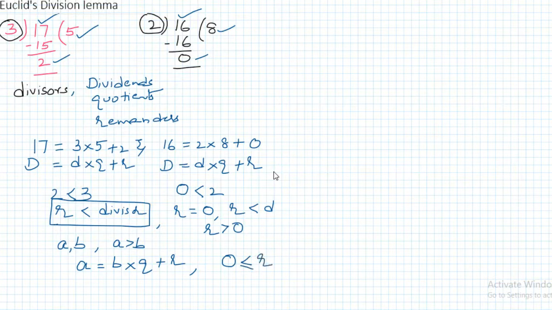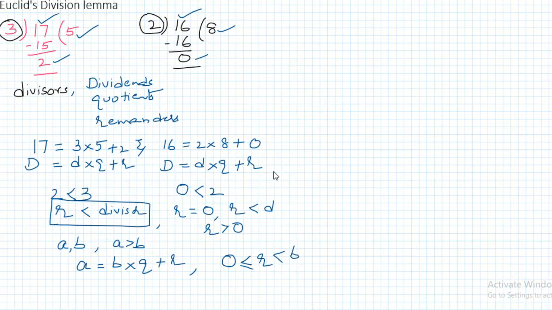It is an inequation. Here we have two conditions. Any one of the conditions will be satisfied at once. Either this remainder is equal to 0, that means equal, or it is always greater than 0. And this one is less than divisor, here it is B.